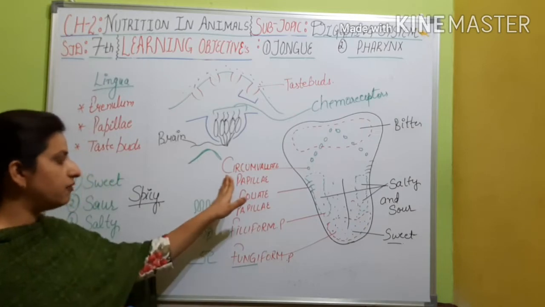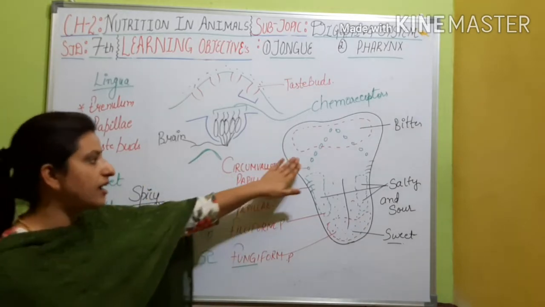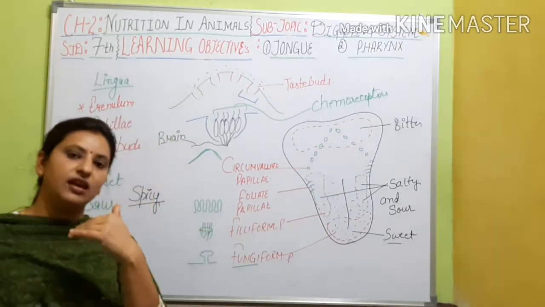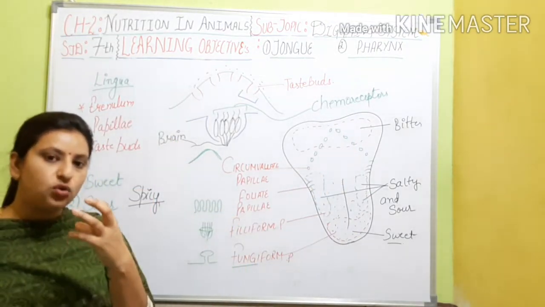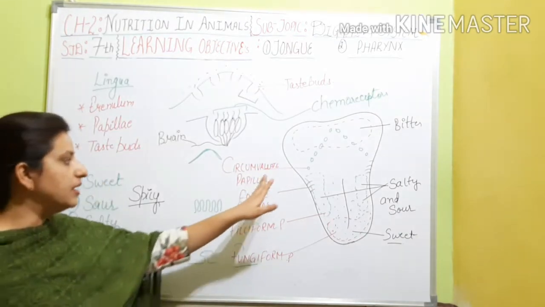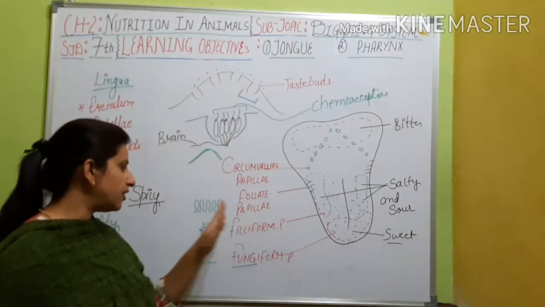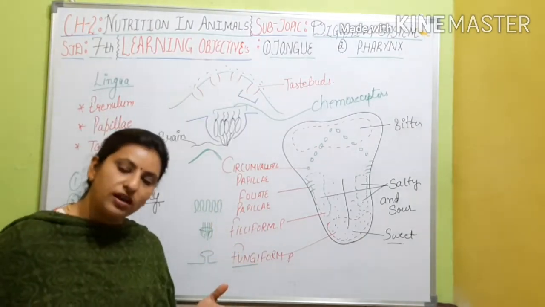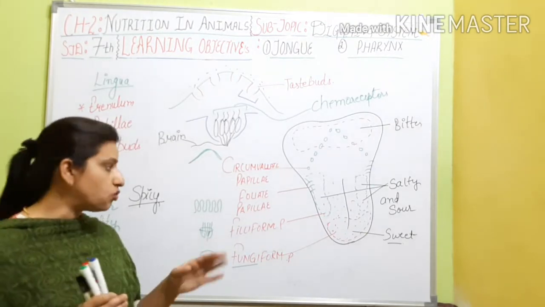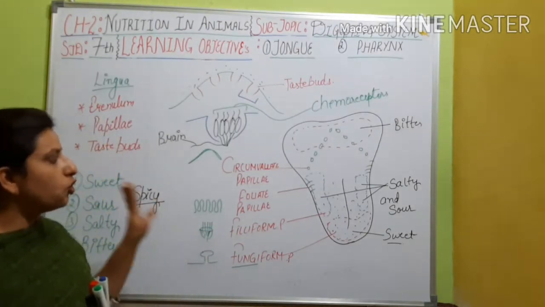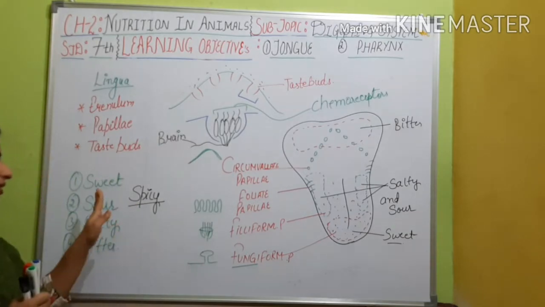Circumvallate is the largest one, on the back side, forming a V shape on your tongue, and you can see them easily if you try to identify them on the tongue in front of a mirror. Then foliate papillae are the folding ones. Filiform are the most abundant and also the smallest of all 4, and fungiform papillae are also there. So 4 types of taste can be detected by the tongue.